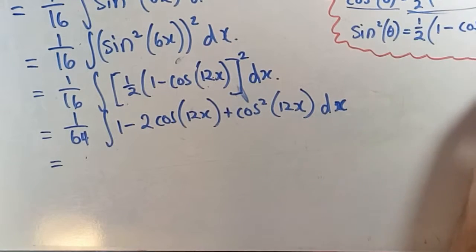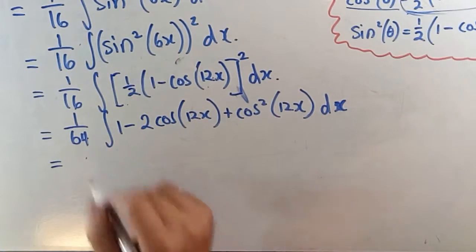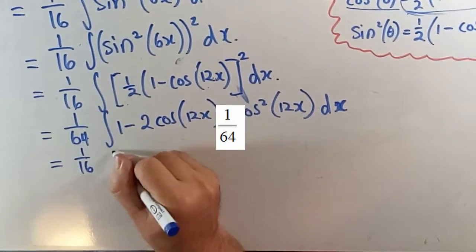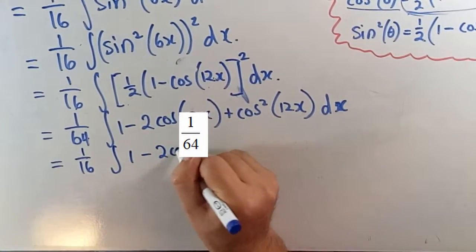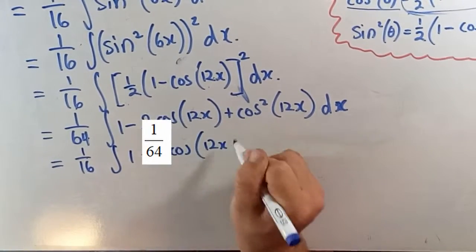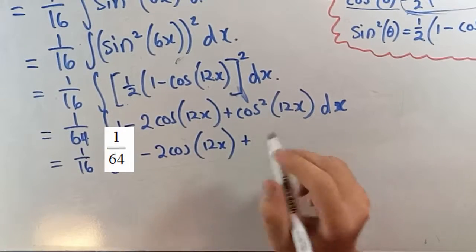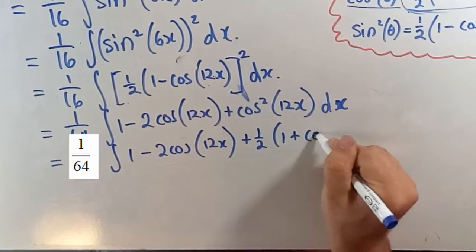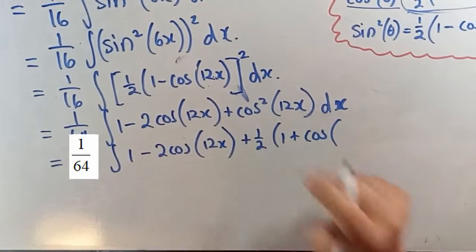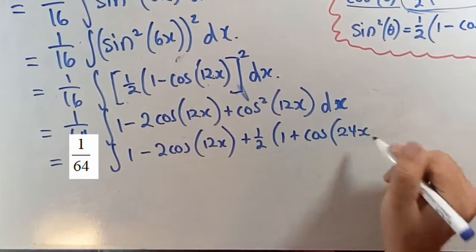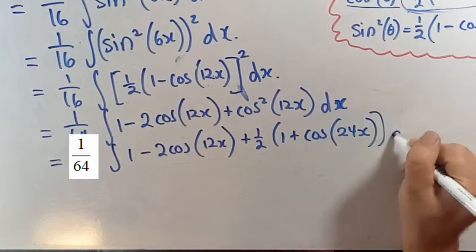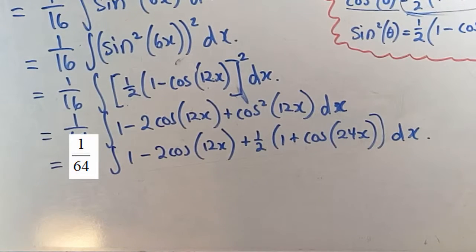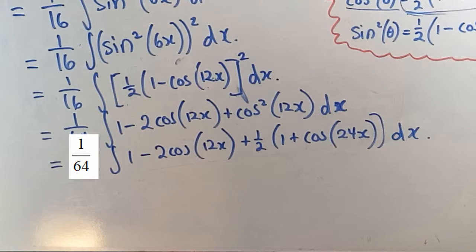Okay, this cos squared, I'm going to do this again. Oh, this one this time. Okay, we'll do that. Okay, 1 on 64, 1 minus 2 cos of 12x plus 1/2 of 1 plus cos of 2 theta, I'm up to 24x, bracket dx. I'm running on a bit of an angle here, but that's okay.